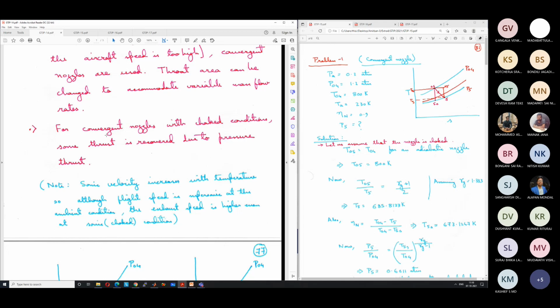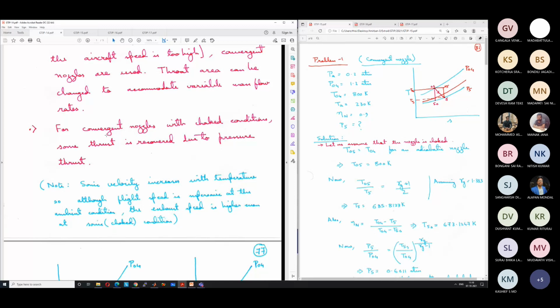But for a convergent nozzle, because even before going to the lowest pressure the nozzle becomes choked, we are able to only expand the fluid up to the sonic pressure, or this critical pressure.